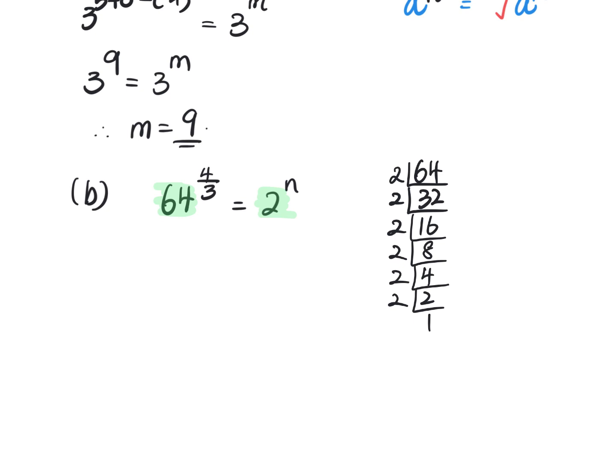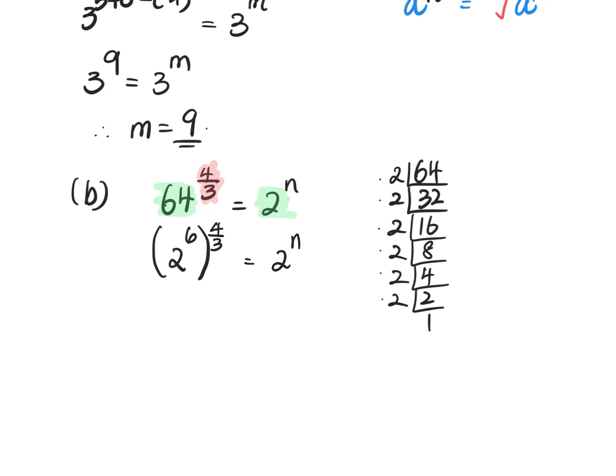So now the number 64 has been changed to 2 to the power of 1, 2, 3, 4, 5, 6. So I'm now going to change 64 into 2 to the power of 6, not forgetting the outside still has a power, 4 over 3. And this is still equal to 2 to the power n.